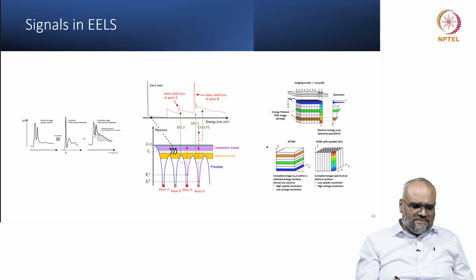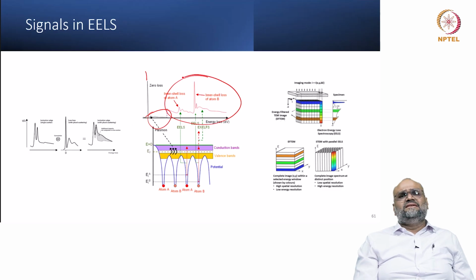I have the zero loss peak and then I have what is called the core loss spectra, and when you look at the ionization edges, this consists of the information that you get on the bonding or the valency from different elements.